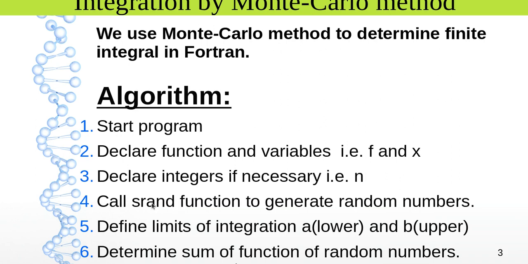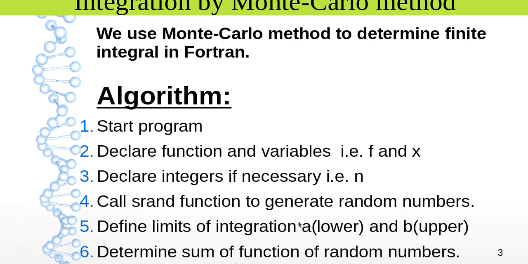We will call this function to generate the random number, and define the limits of integration, a as the lower limit and b as the upper limit. In the first case we will use a as 0 and b as 1, because we generate the random number between 0 and 1.